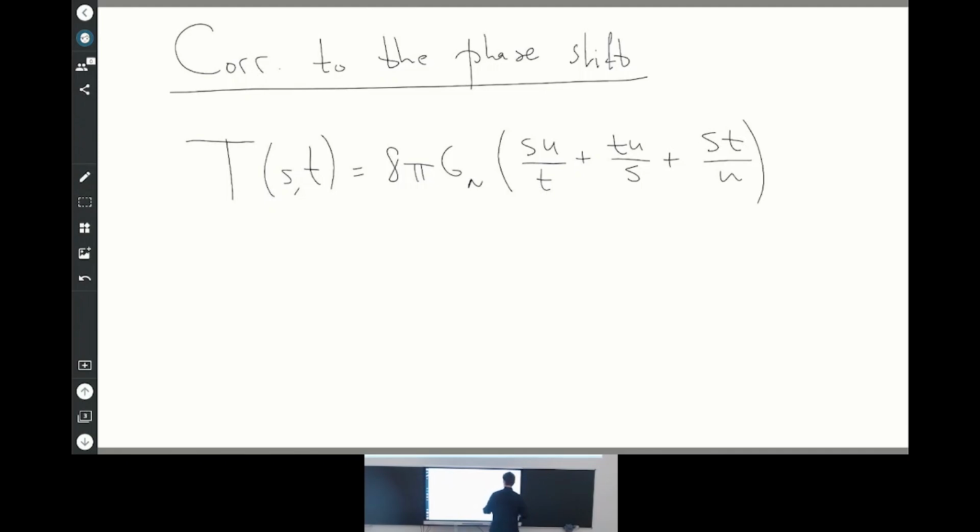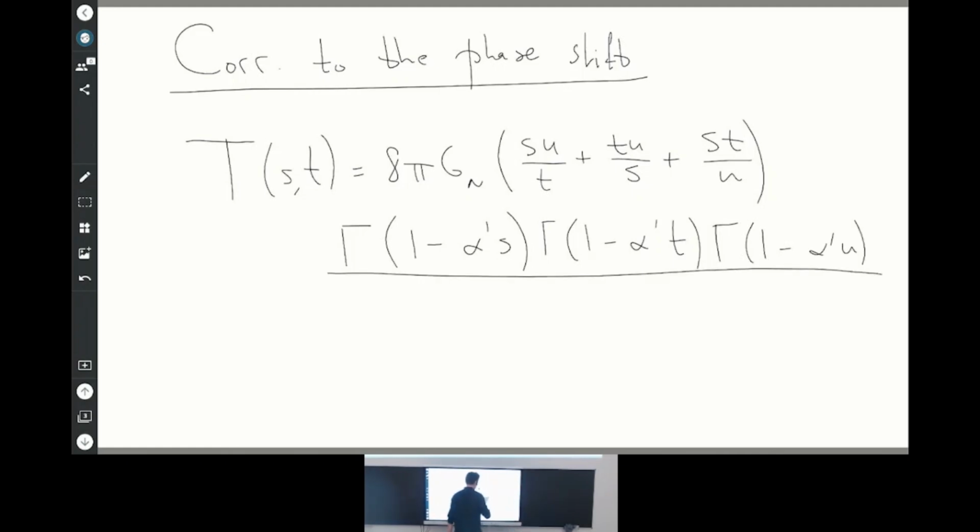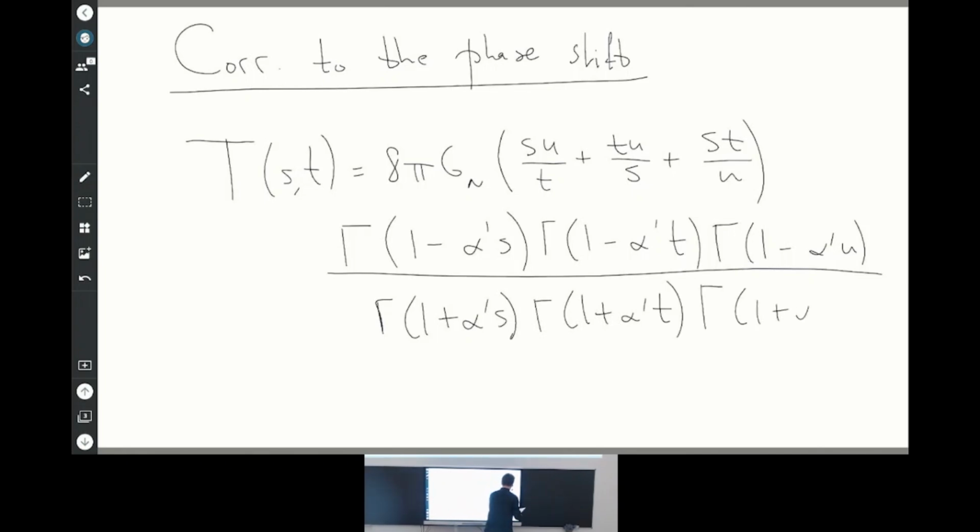What happens in string theory is that we dress it with a famous factor: gamma of 1 minus alpha prime s, gamma of 1 minus alpha prime t, gamma of 1 minus alpha prime u, over gamma of 1 plus alpha prime s, and so on. And as usual, of course, s plus t plus u equals 0. So this is a famous expression.